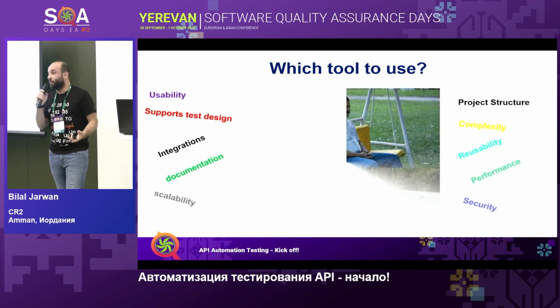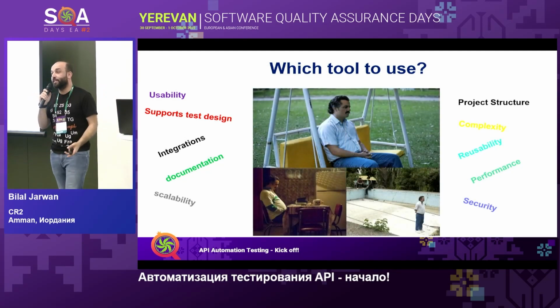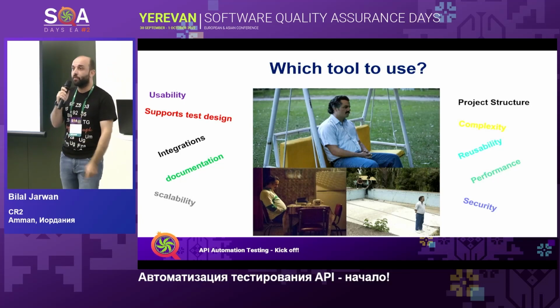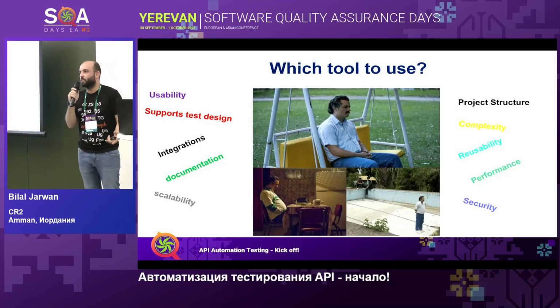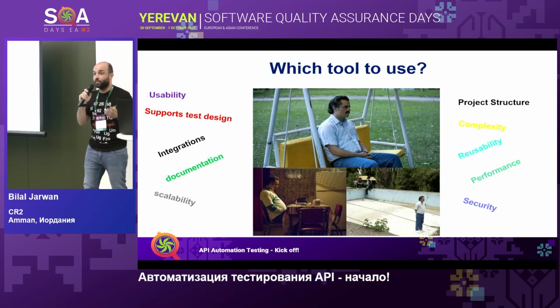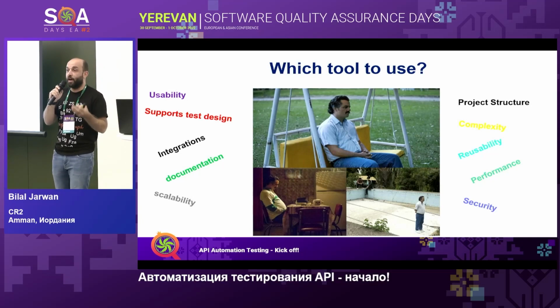Okay, so which tool to use? Which automation tool should I use when I start automating my APIs? All of these questions, as you see, will make you confused, and you will keep asking too many questions in your head. How can I choose the automation tool for my API project?